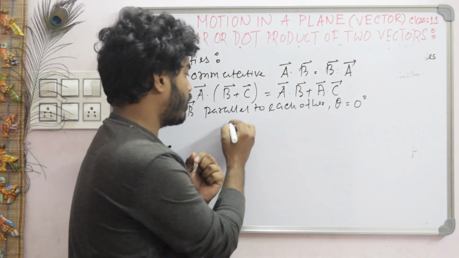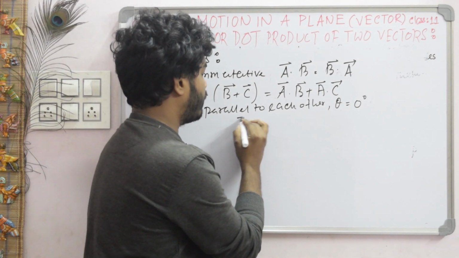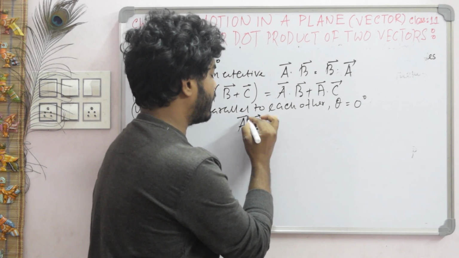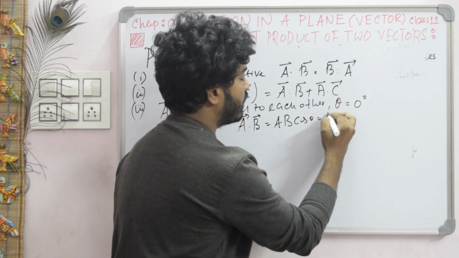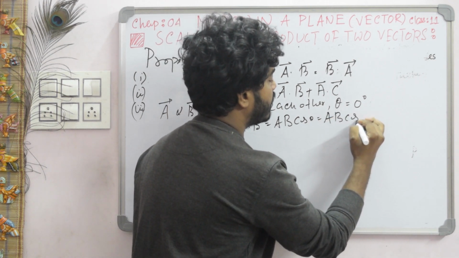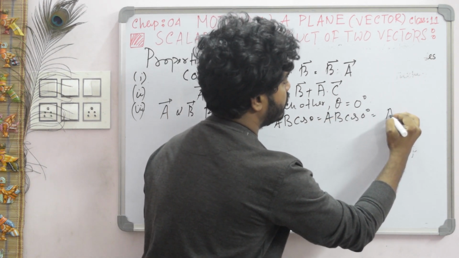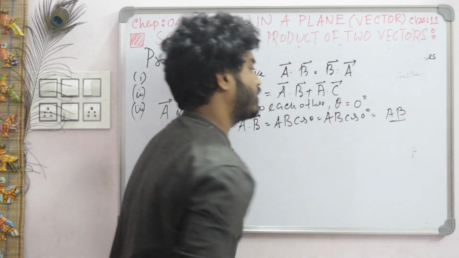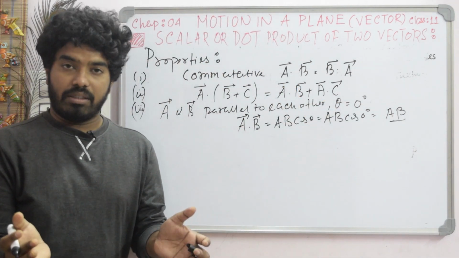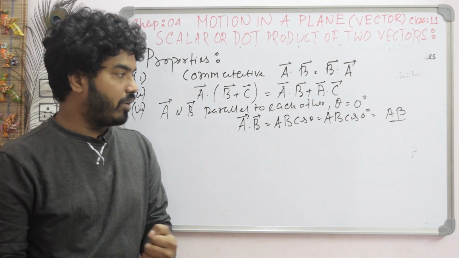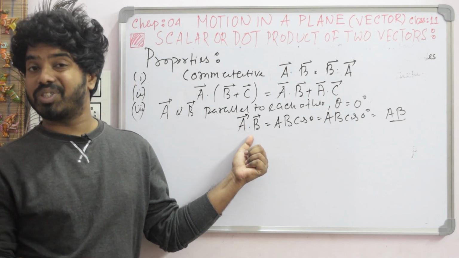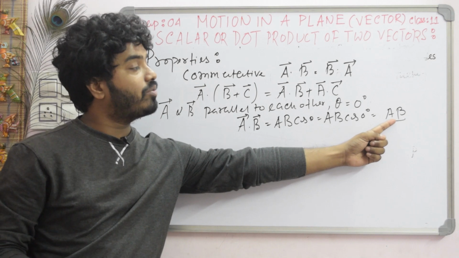You know the formula. The dot product of vector A and vector B is equal to AB cos theta, that is AB cos 0, and the value of cos 0 is 1. So when two vectors are parallel to each other, that is theta equal to 0 degree, the dot product of the two vectors gives the product of the magnitudes of the individual vectors.